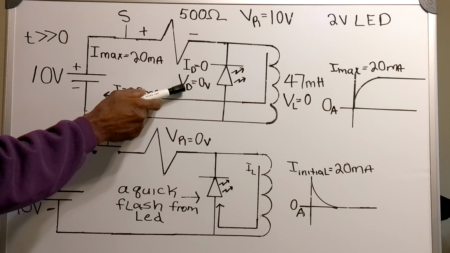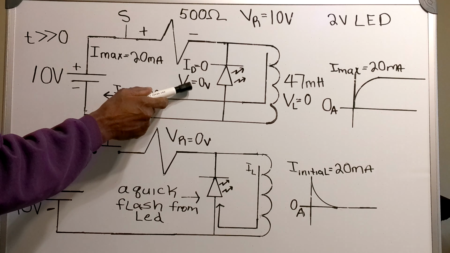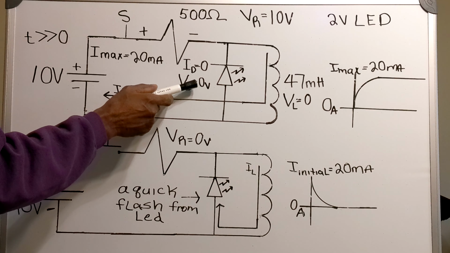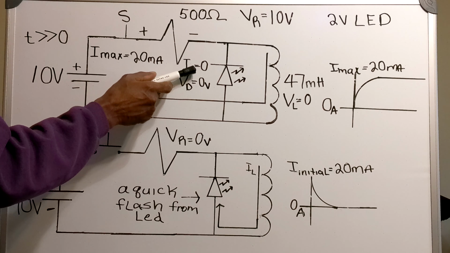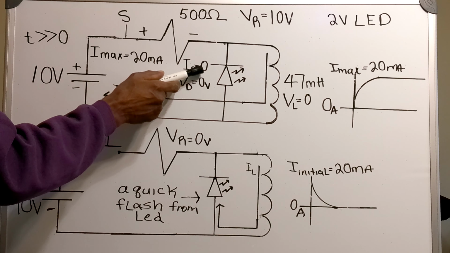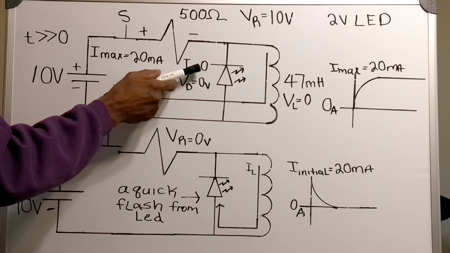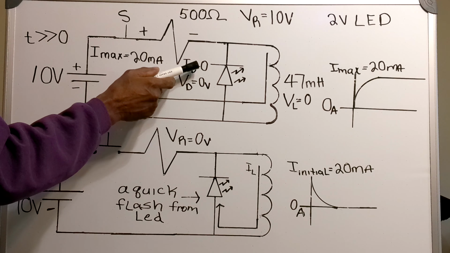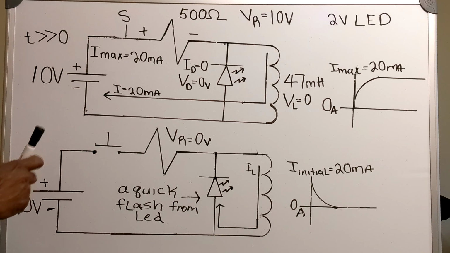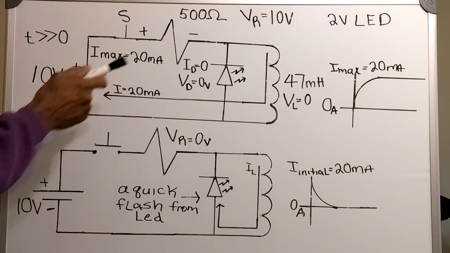The voltage across the diode is 0 volts. The current flowing through the diode is 0 amps. So now the question becomes, how do you turn this diode on?